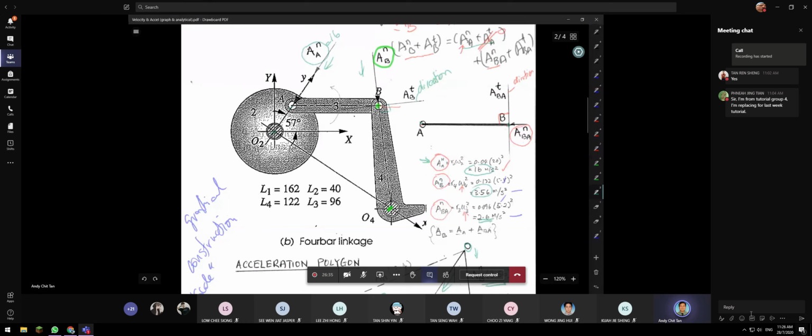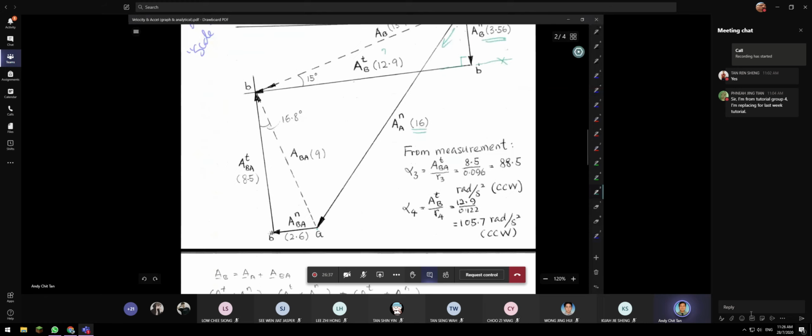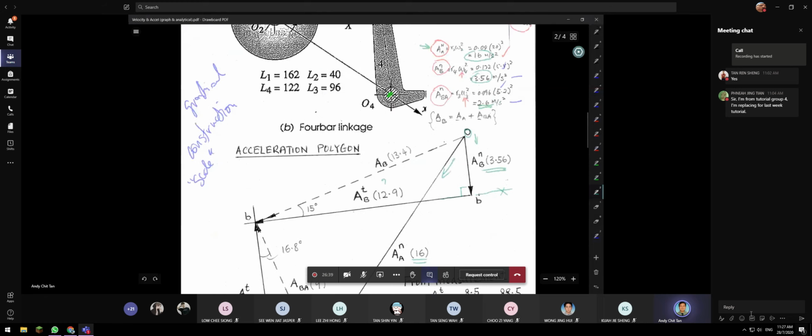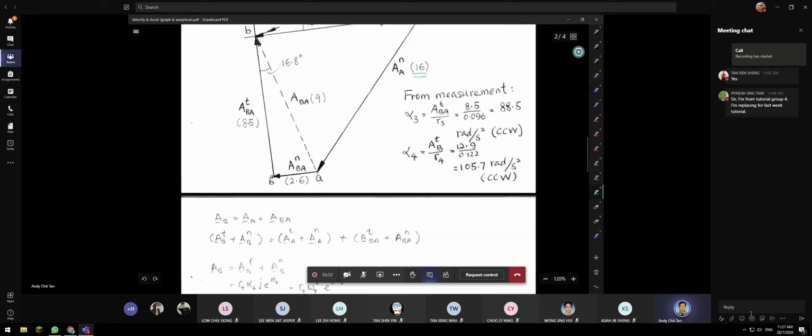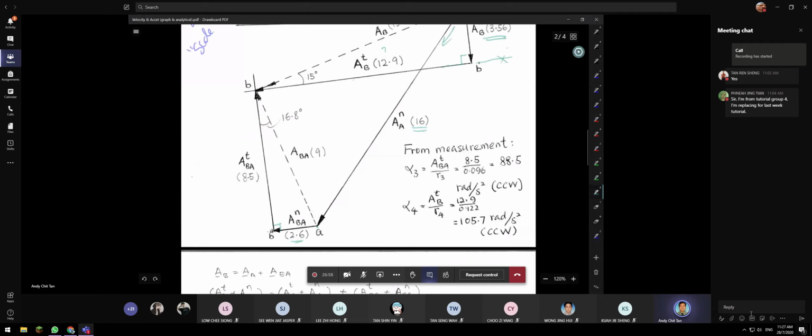So from A to B, you draw this line, 2.6. Now you can construct this perpendicular all the way up here. You meet at this point.